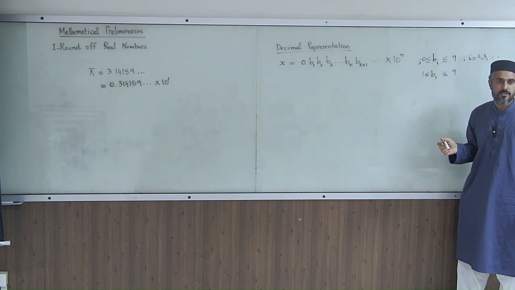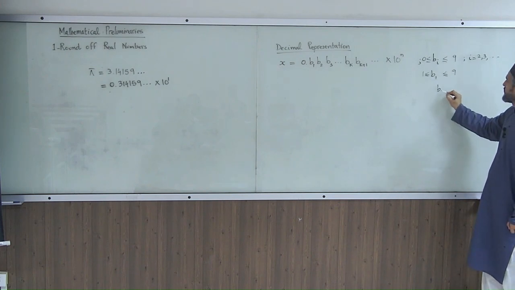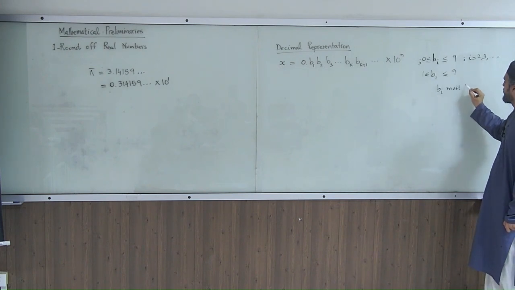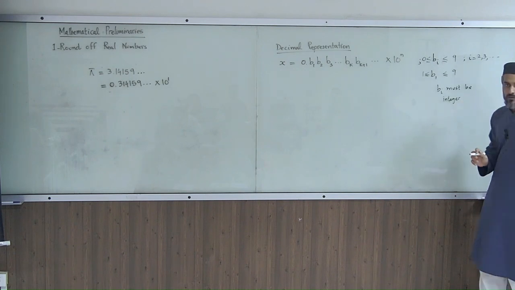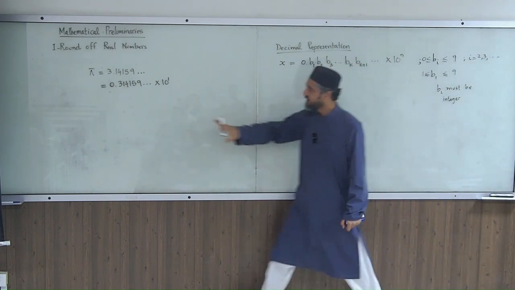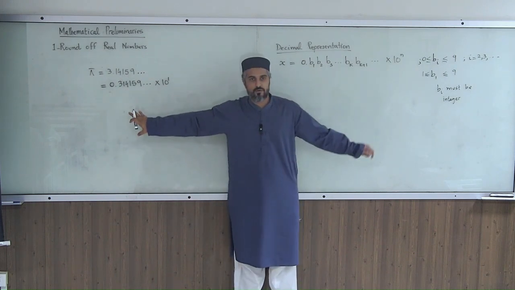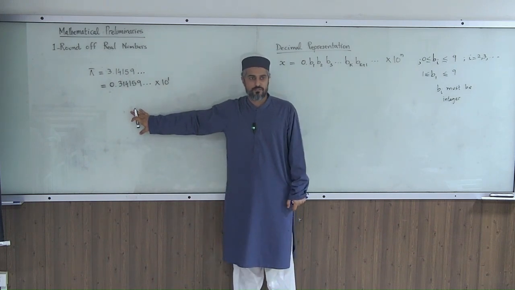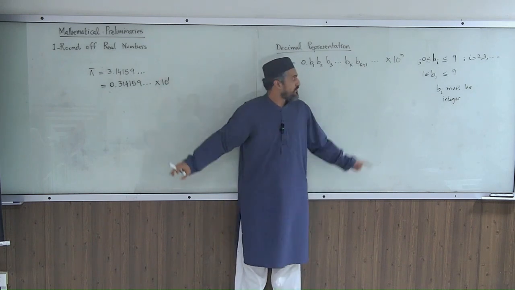So the bi's must be integers. Now if we see this particular representation, it is in the decimal form, and this is the decimal representation of pi. Here in this case, this n value is 1.